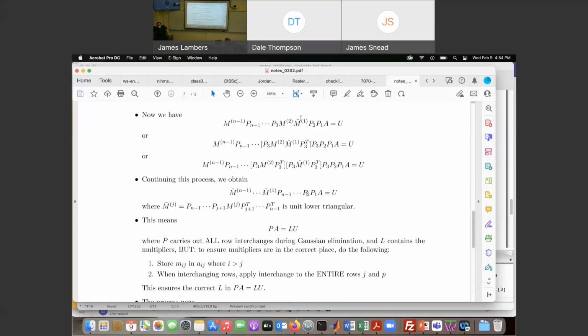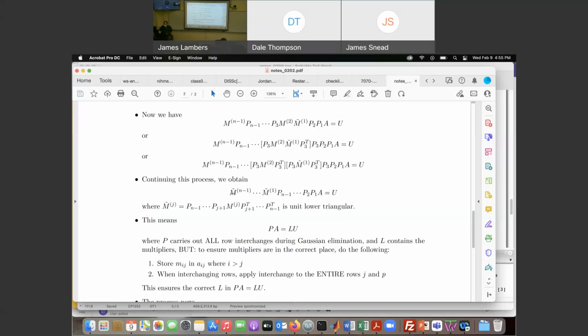Whatever you actually performed during Gaussian elimination is not exactly the same as what shows up in L. The multipliers do appear in L, just like in the case of Gaussian elimination without pivoting, but what you're actually doing during Gaussian elimination is M1, M2, all the way to here without the tilde.